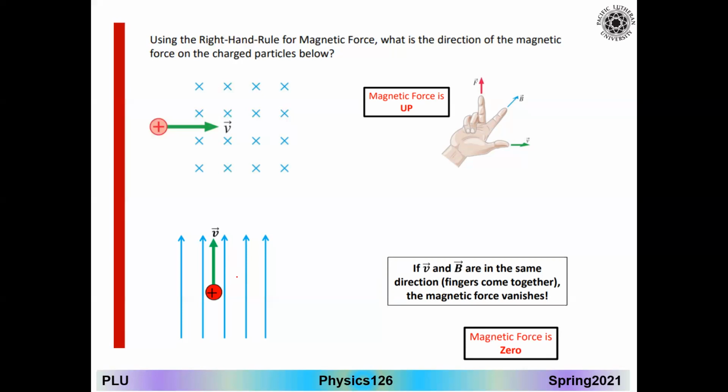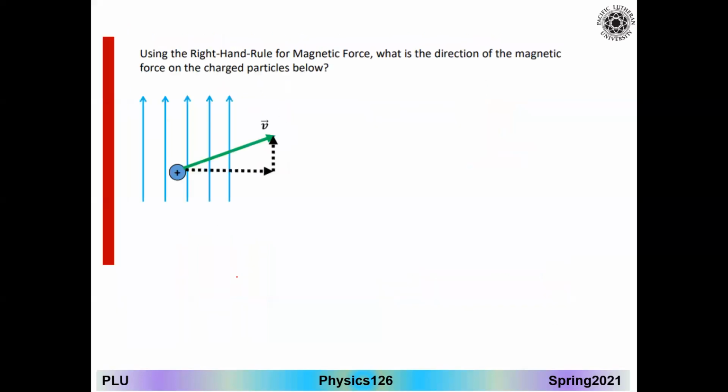Okay, now let's define the last case. If I have a magnetic field and a velocity at a certain angle to it, then we apply the magnetic field.